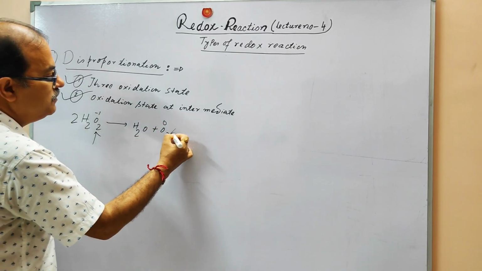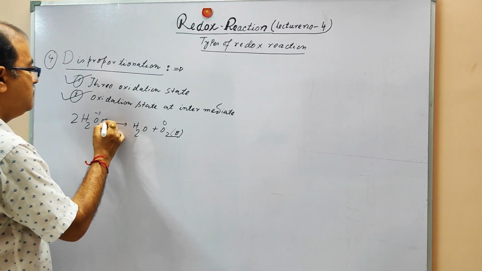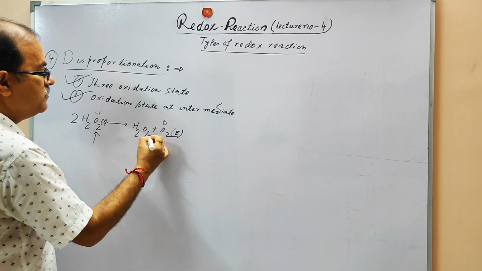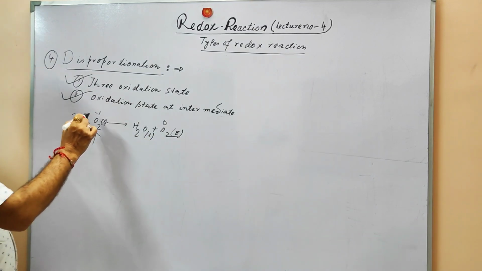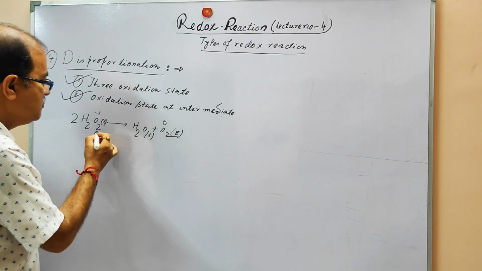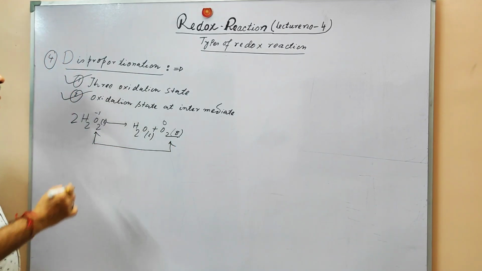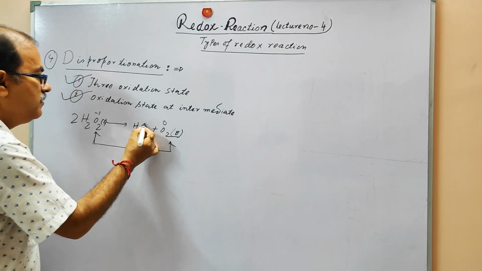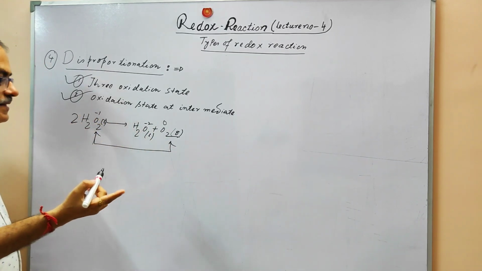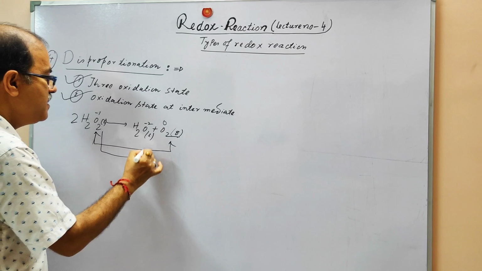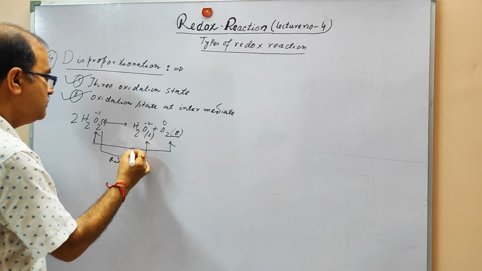This is in the gaseous state, and this is in the liquid state. So what happens is that -1 is increased to 0, which means it is being oxidized. At the same time, in H2O, the oxidation number decreases, so you say this is reduced and this is oxidized.